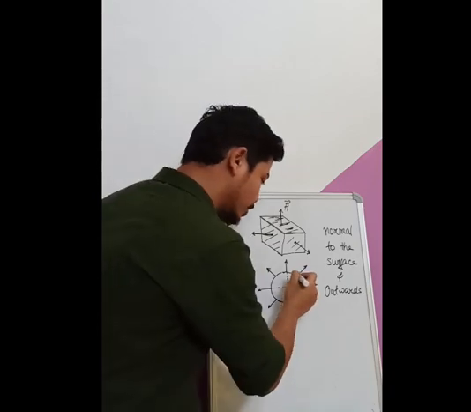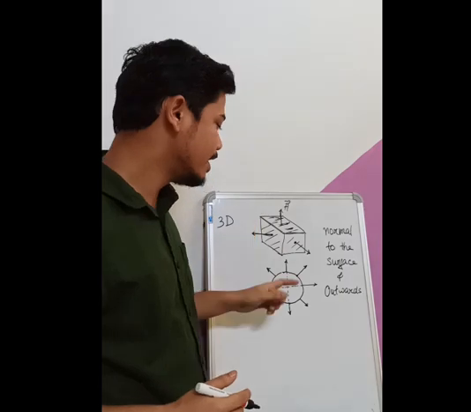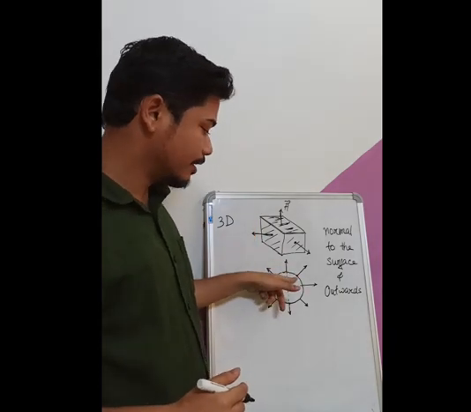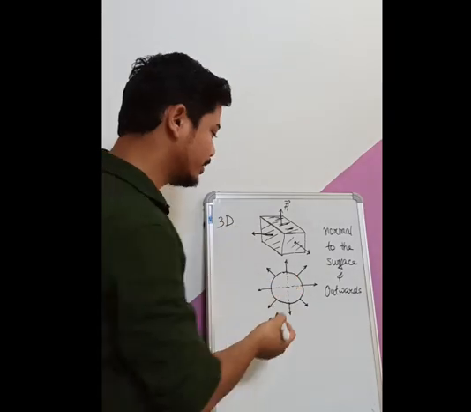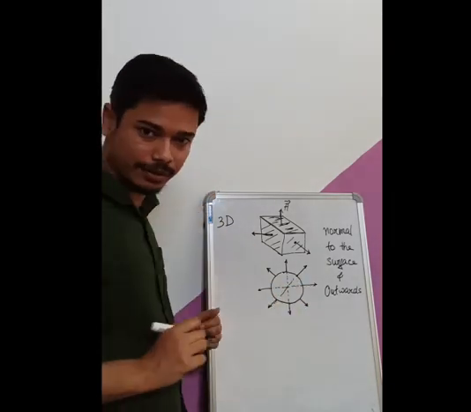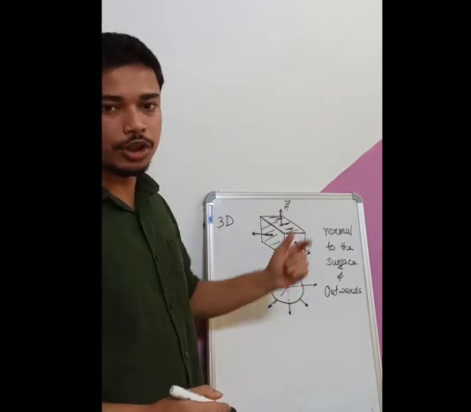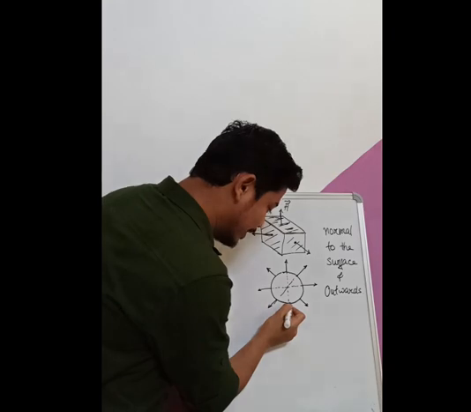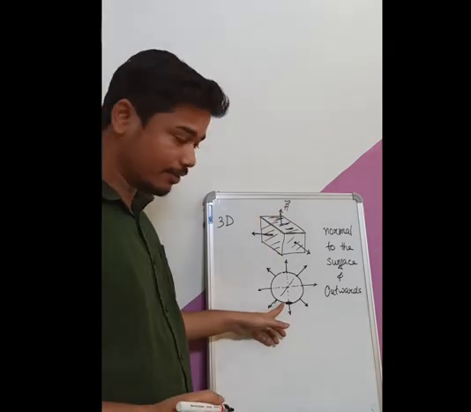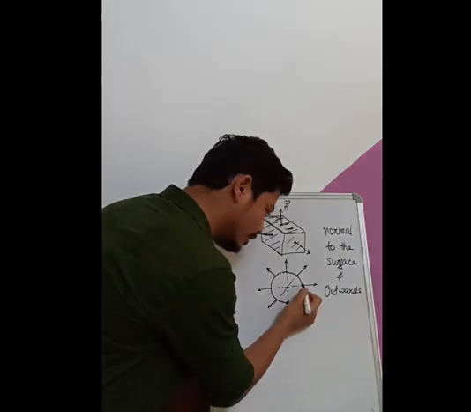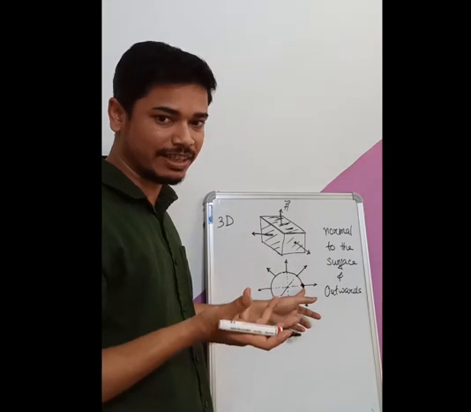See, if we draw a perpendicular at any point on the surface of the sphere, then how would the perpendicular be? It will be a line passing through the midpoint. Similarly, at every point, if we draw perpendiculars, those perpendiculars will be perpendicular to the surface, to the small element at that point. Similarly, if you consider a small area element at this point, then that perpendicular would be perpendicular to this surface, right?